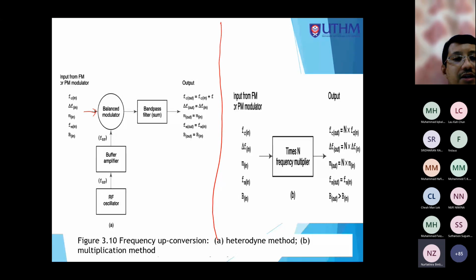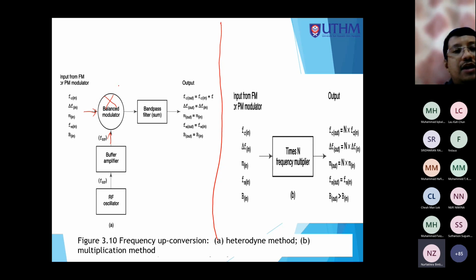The other input is from the oscillator. The oscillator will produce the oscillation frequency or the RF frequency that we will mix with the input signal. What the balance modulator does is the process of multiplication in mathematics. That means we are going to have upper and lower sidebands.